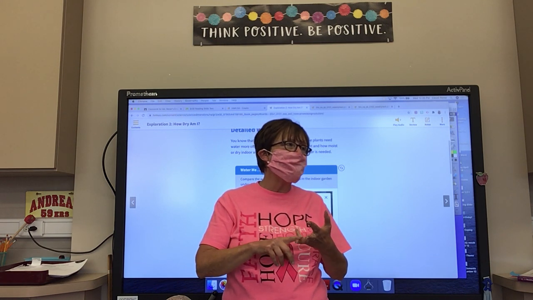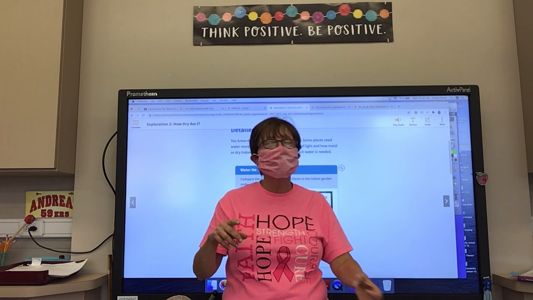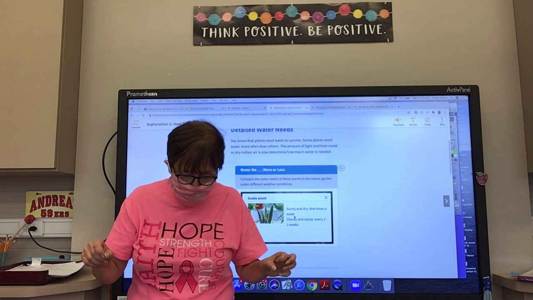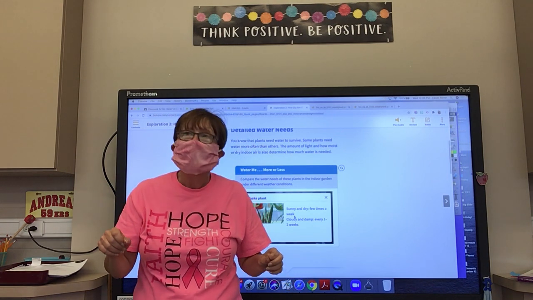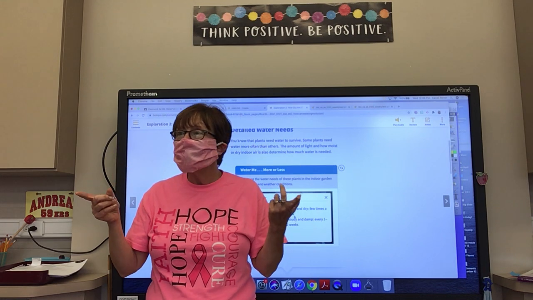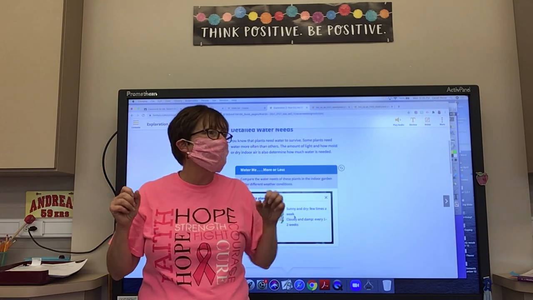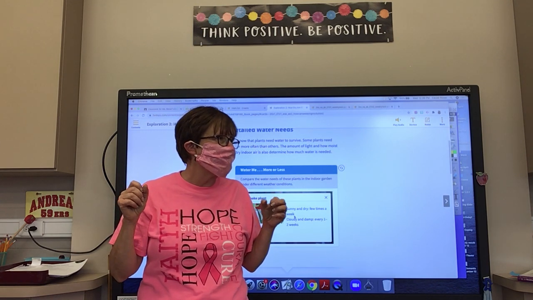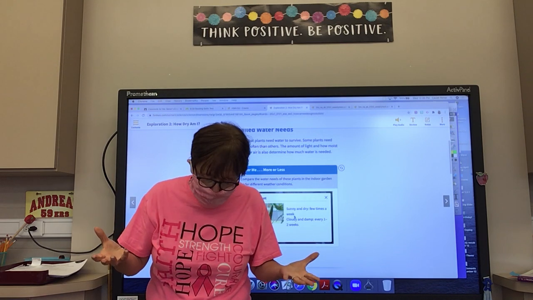Wind will dry the ground out, so that will affect it as well. But obviously, one of the advantages can be rain. Precipitation, rain can help an outdoor irrigation system. But it can be too much rain, so you can't rely on it all the time.